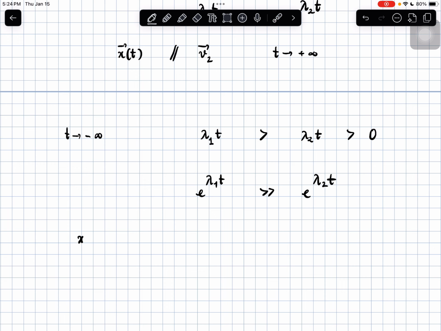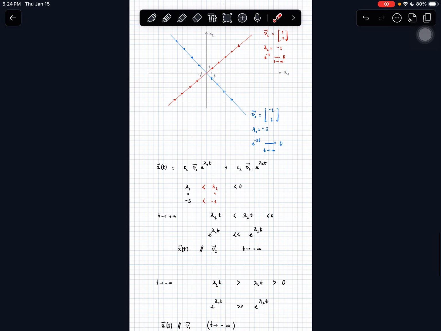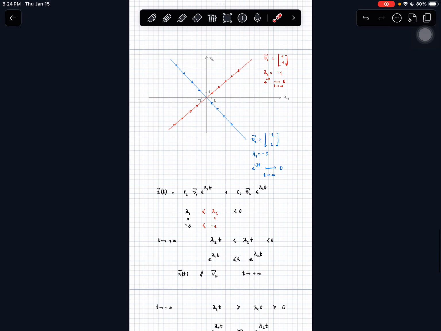The solution x(t) will then be parallel to v1 when t tends to negative infinity.